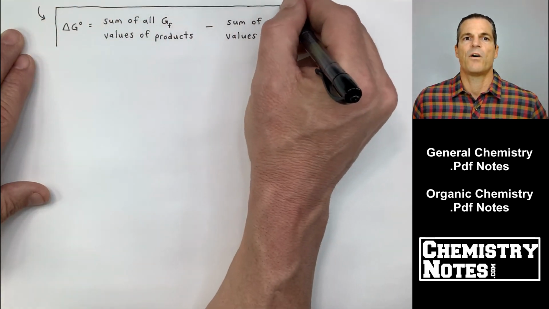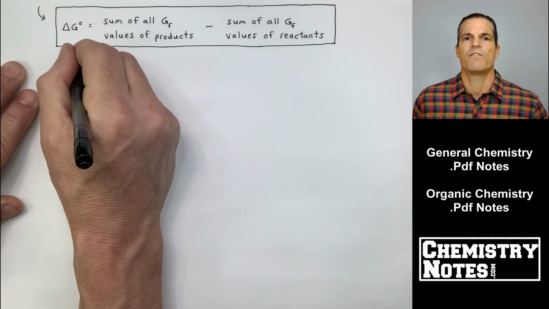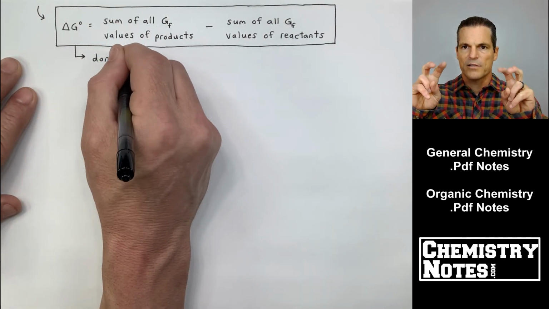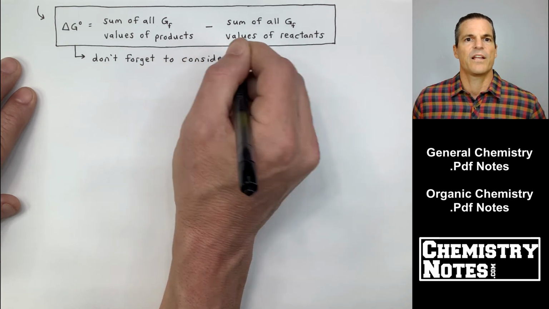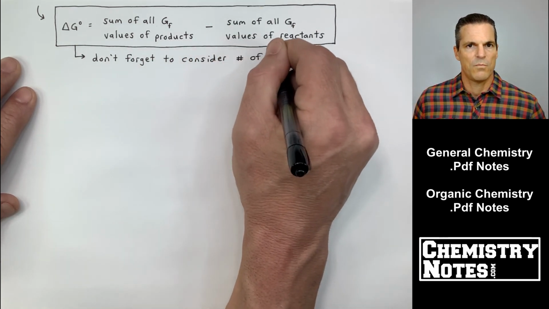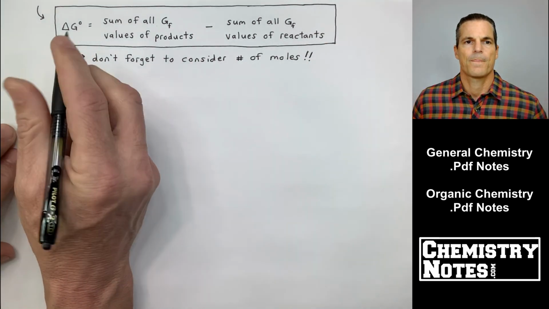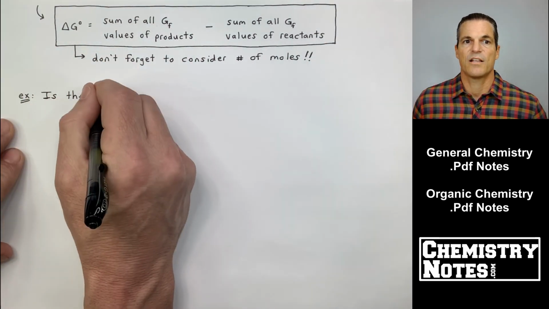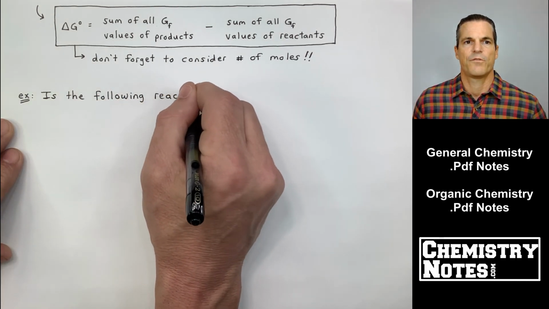Okay, so sum of all GF values of products minus the sum of all the GF values of reactants. Products minus reactants. But, and I've got a little arrow here, don't forget to consider the number of moles of each reactant and each product. All right, let's do an example using this third way of calculating delta G, the free energy change.